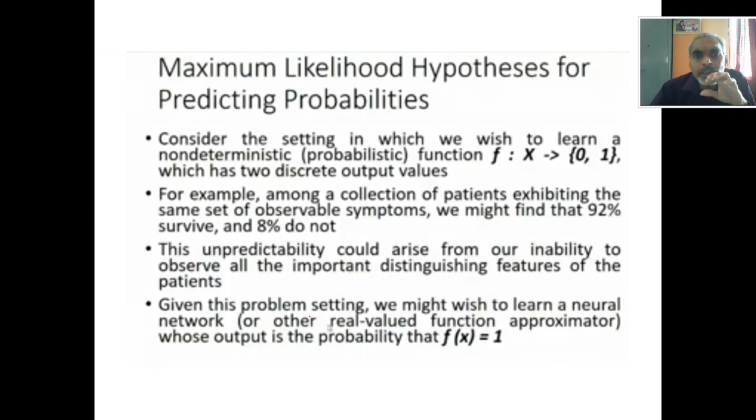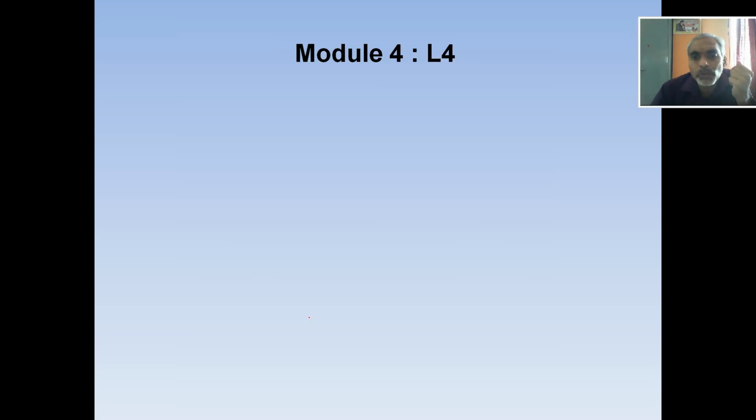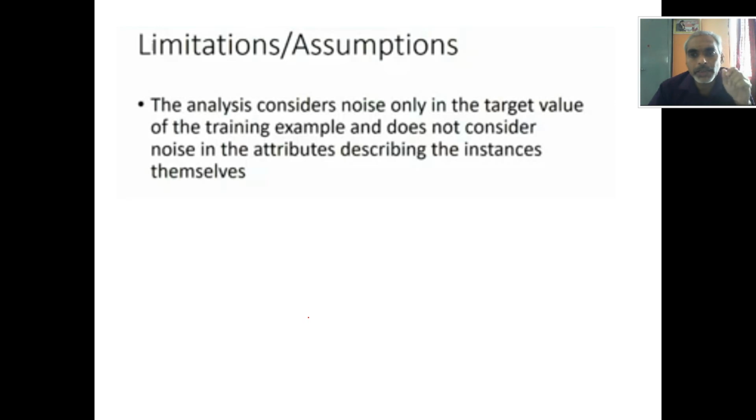Clear? In the next section we will be looking into the maximum likelihood hypothesis for predicting probabilities, so how we can link this maximum likelihood hypothesis to predicting probabilities. We will be discussing this concept in our next content.